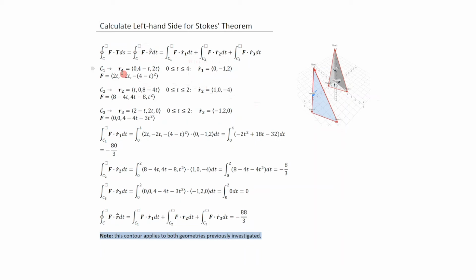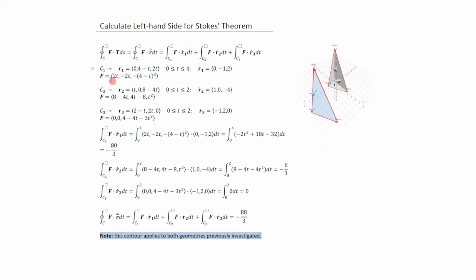So for C1, the position vector, that would be this one here. R1 would be 0, 4 minus 2t, 2t. And so you can prove that for yourself. And t will range from 0 to 4 as you go from this point to this point. We'll also need R1 dot, which is the derivative of this vector, which is what is required to be substituted in here.